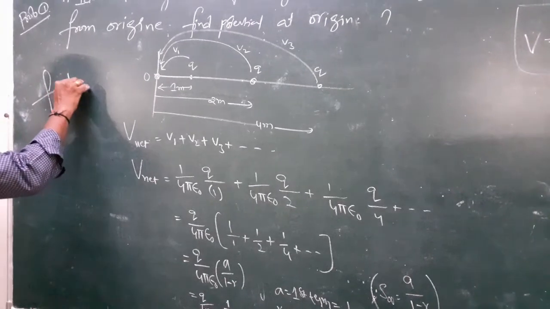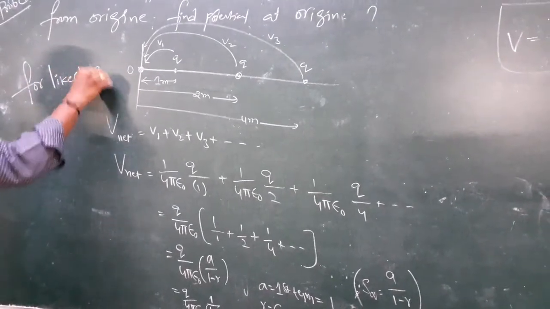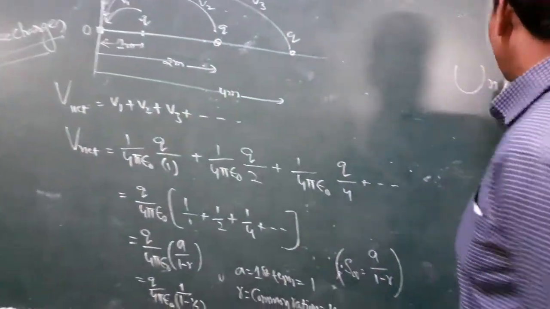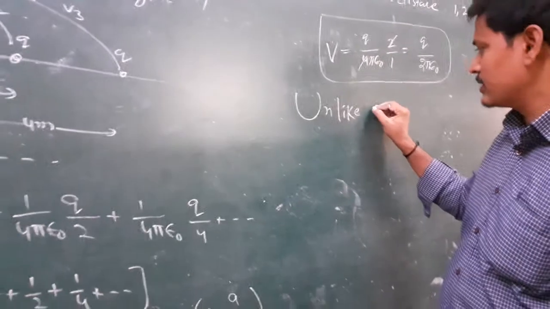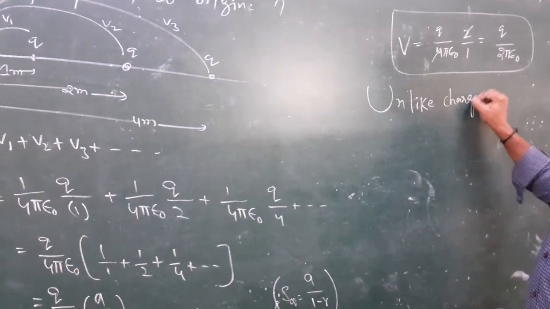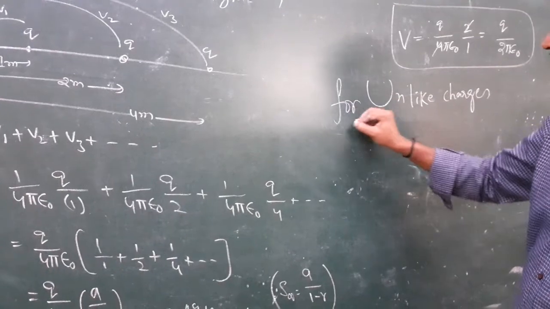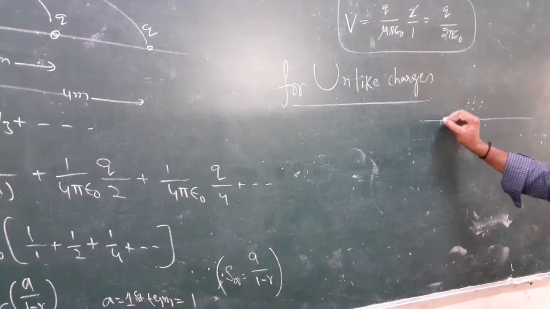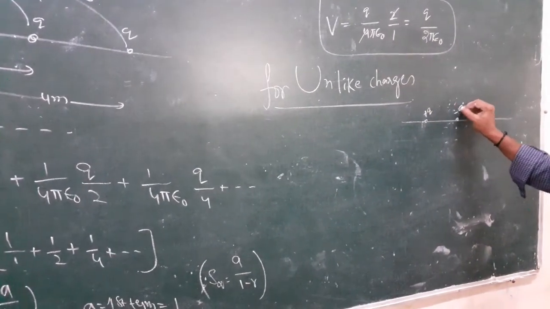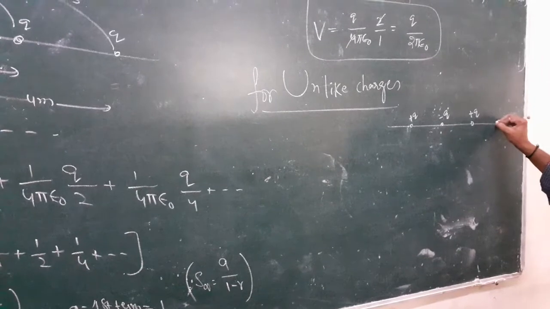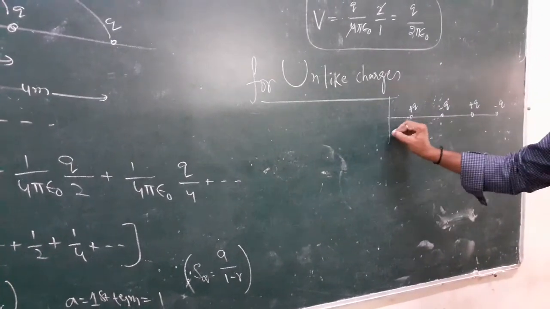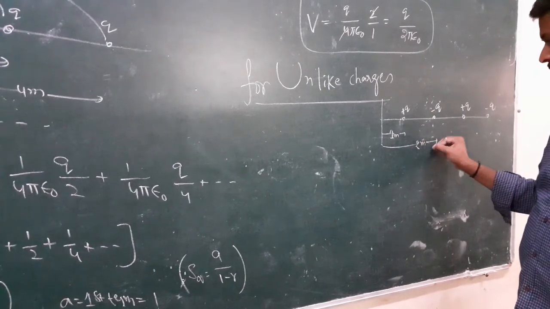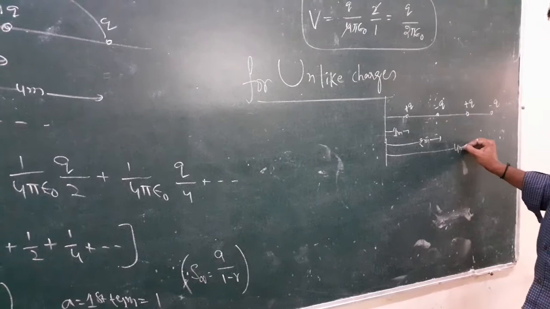So this is the problem for like charges. For example, unlike charges are kept at the same distance. For unlike charges, for example, plus q, next minus q, then plus q and minus q, are kept at distances from the origin of 1 meter, next 2 meters, next 4 meters and so on.